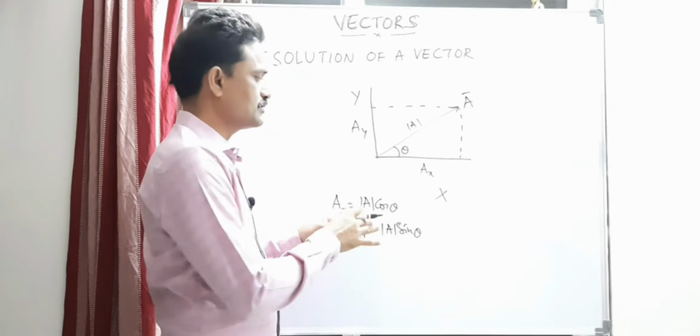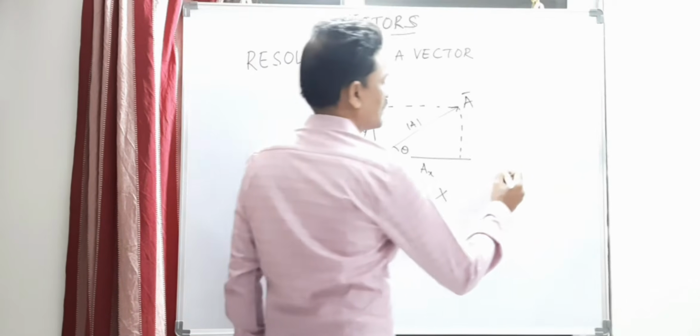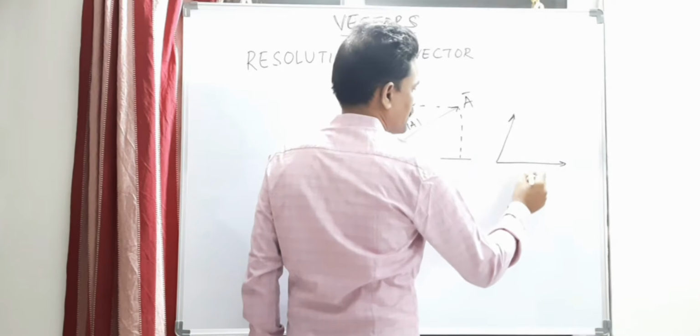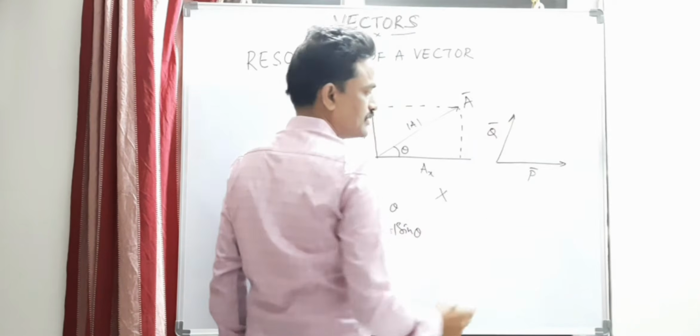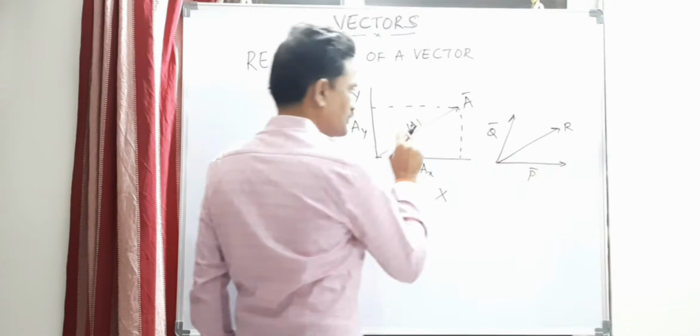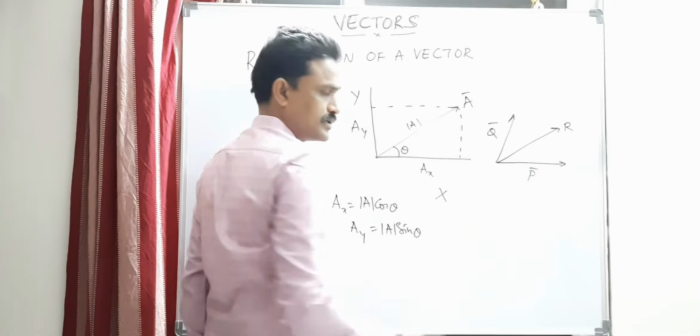This is opposite to the parallelogram law of vector addition. What did we do in the parallelogram law of vector addition? We had two vectors, let us say P and Q. So, the resultant was this. And this is the opposite one. Here the vector is given, you are getting its two components.